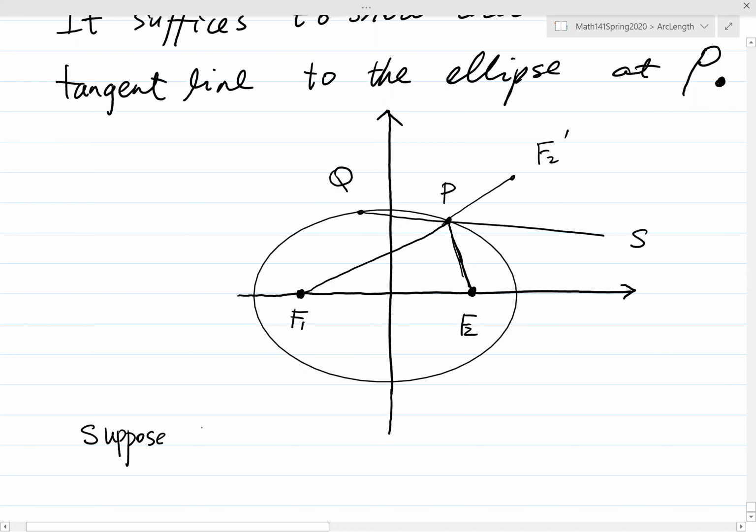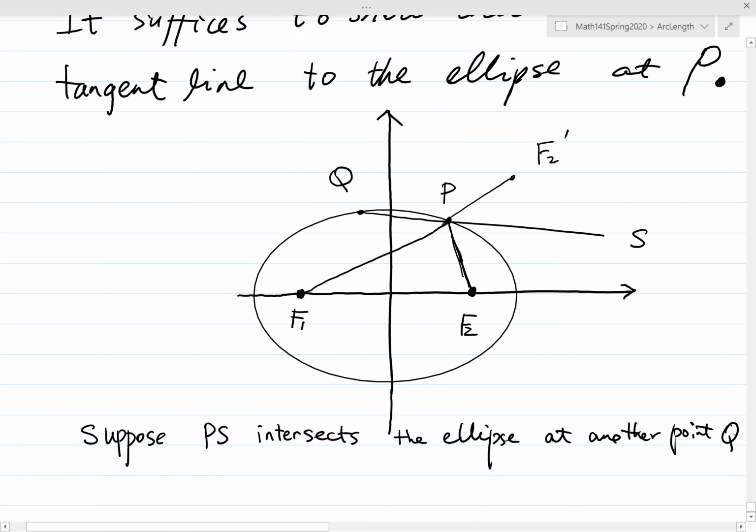Suppose by contradiction the PS intersects the ellipse at another point Q.